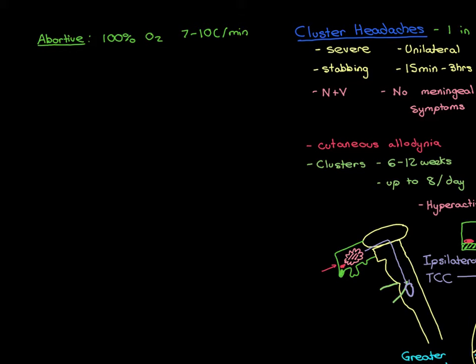Okay, right, now let me talk about other options for aborting cluster headaches. So other options, think back to the drugs that we saw in the case of abortive treatments for migraine. We talked about the triptans and the ergot alkaloids, which were 5-HT1B, 1D, and 1F agonists.